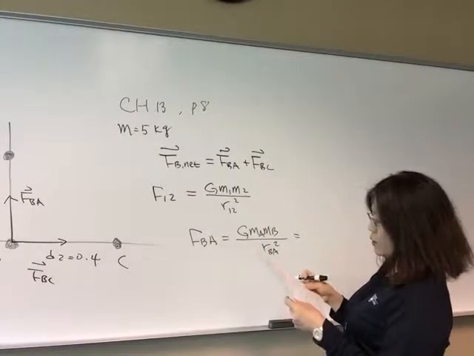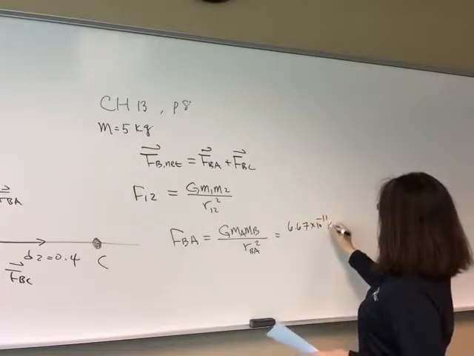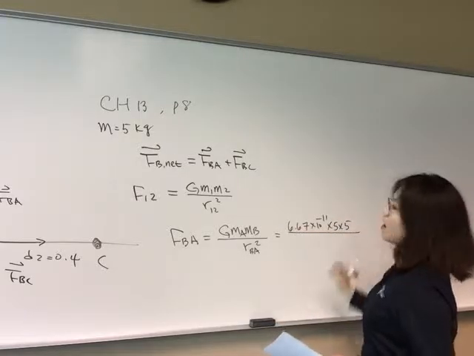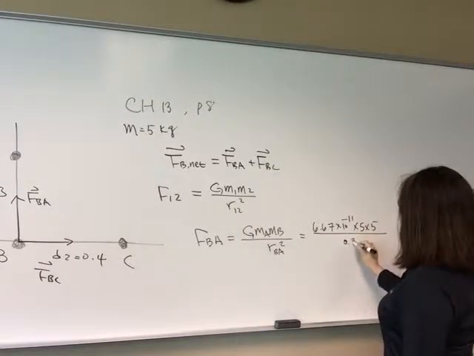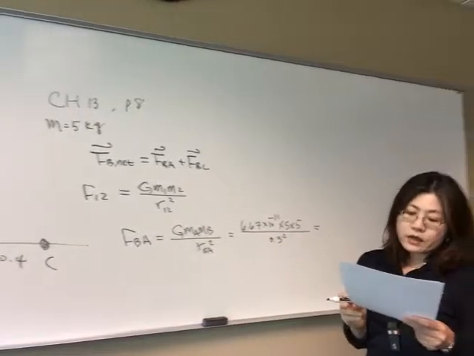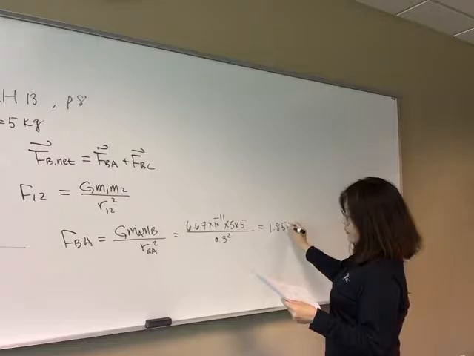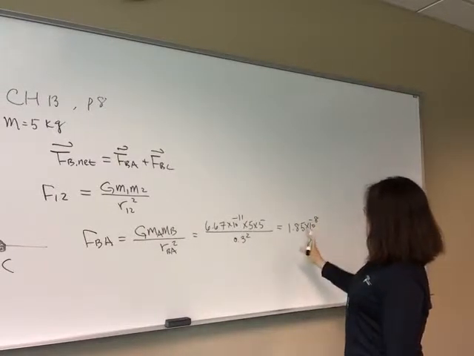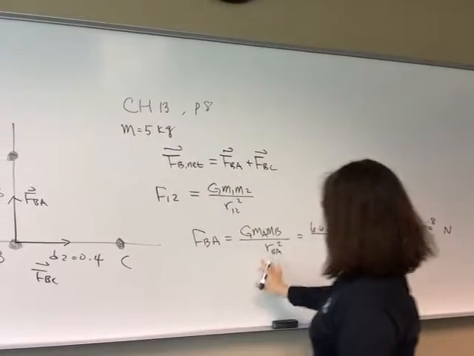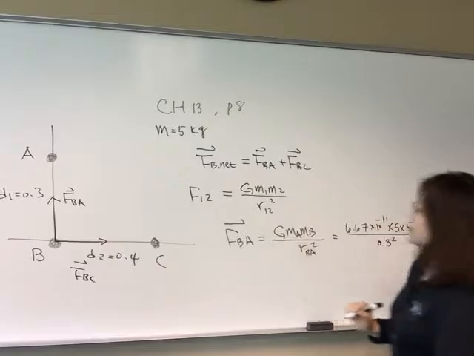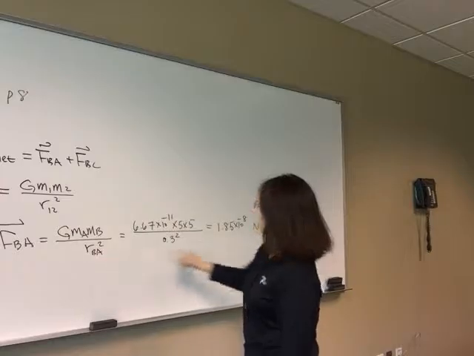So what you have here is that your G value is 6.67 times 10 to the negative 11, times 5 times 5, over RBA squared, which is 0.3 squared. After you calculate your FBA, you should have the magnitude equal to 1.85 times 10 to the negative 8, and that's in Newtons. What about its direction? We know that FBA is pointing upward, so now add the vector sign, and you have the j hat here. So this is FBA pointing upward.